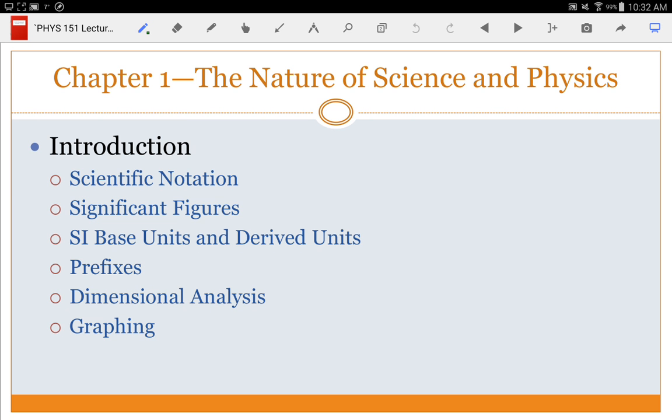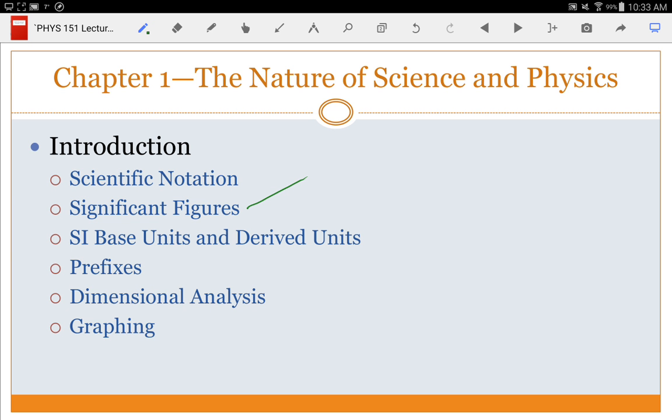So, starting with chapter 1, we had things that by now should feel so common as to be a waste of time to talk about, but just to review them. Scientific notation, just to make sure you know how to do that. Significant figures. There's still lots of points that I take off on things like Flip Fridays for people who aren't using significant figures right.